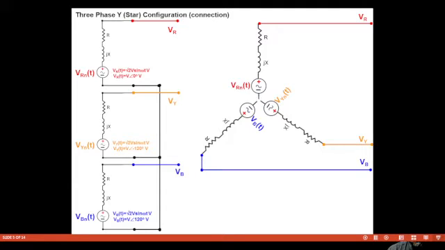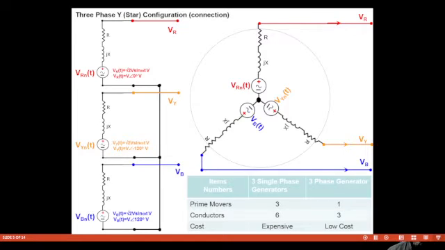Now, if we connect these neutrals together as we have done in this diagram, in this way we get the star connection. So instead of having three separate single-phase generators run by three prime movers, now we can have one single three-phase generator by connecting the three phases 120 degrees electrical apart. Now we have a single generator.